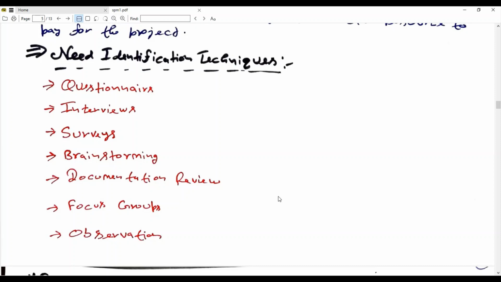For questionnaires, the team prepares questionnaires and asks respondents to fill them in, and accordingly they manage things. For interviews, they may conduct interviews of experts or end users as well to get the proper information.